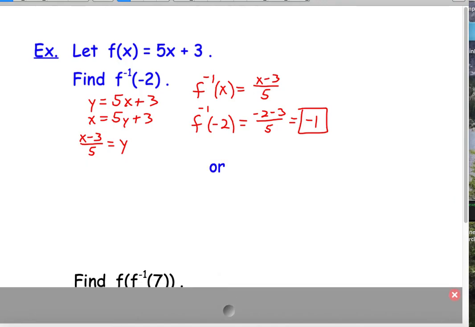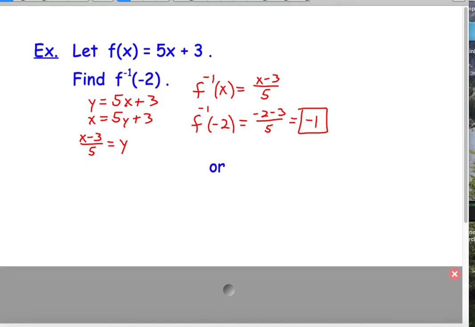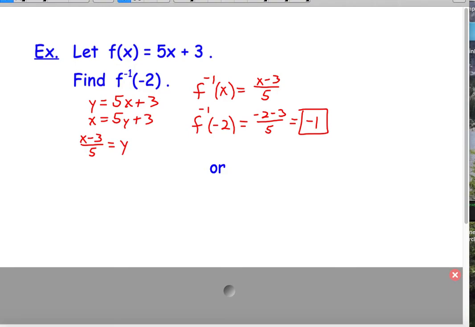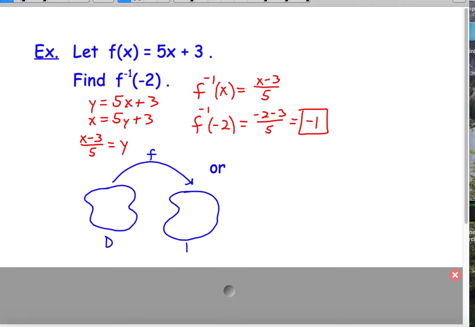Another way to do it, you can think about this visually, is here's my domain, here's my range. And my function f is mapping numbers from the domain to elements of my range.